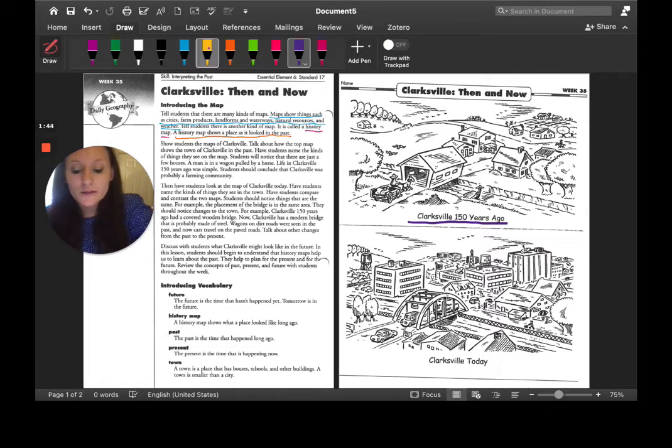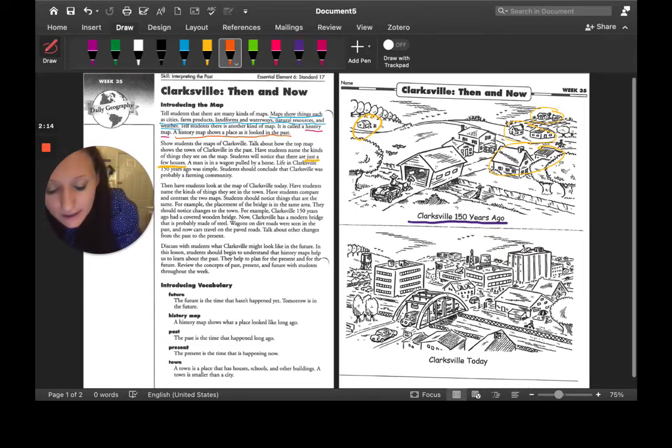One of the things that we see is that there are very few houses. We see just a few houses on this map, some back here and then some kind of up close, but for the most part, we don't see a whole lot of houses. We also see a man in a wagon that is pulled by a horse.